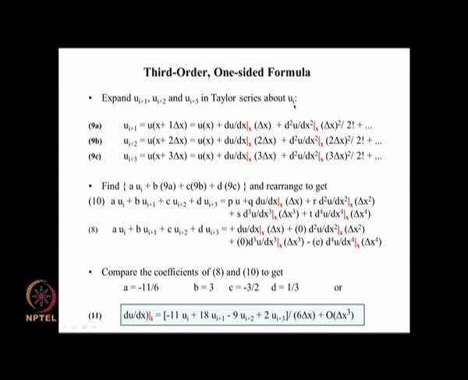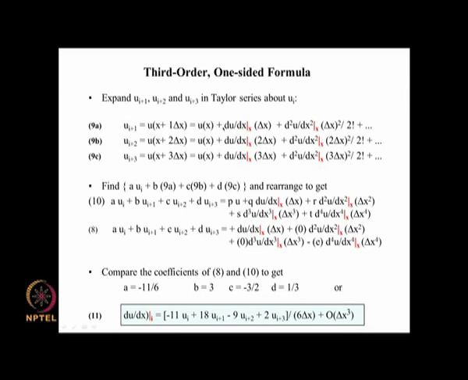Okay. For example, ui plus 1 is nothing but u at x plus 1 delta x, and that we know is u of x plus du by dx at delta x plus d square u by dx square at delta x factorial 2 like this. Similarly, u I plus 2 is nothing but u of x plus 2 delta x.